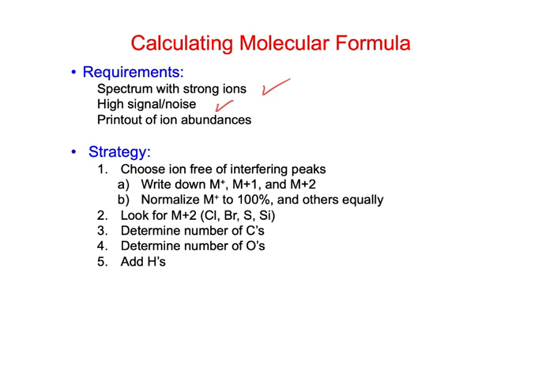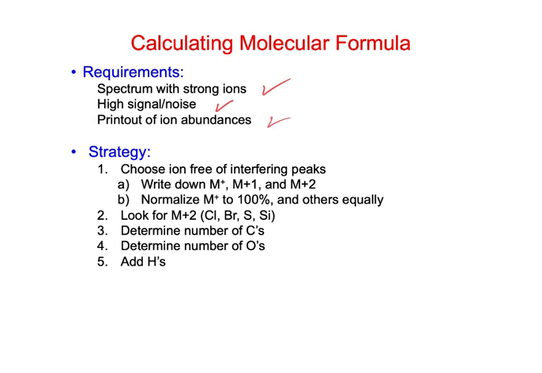We need them strong enough with high enough signal to noise that the noise isn't going to affect the abundance of those ions. And we need some kind of a printout of the ion abundances, right? We need to know what the abundances are.